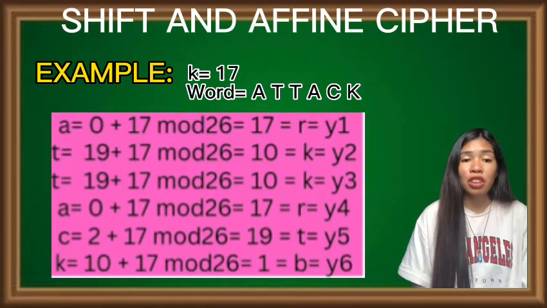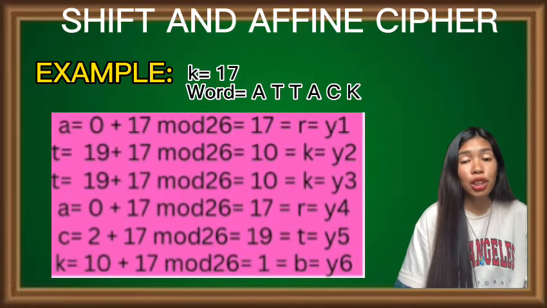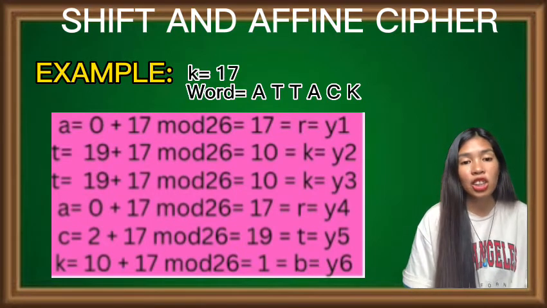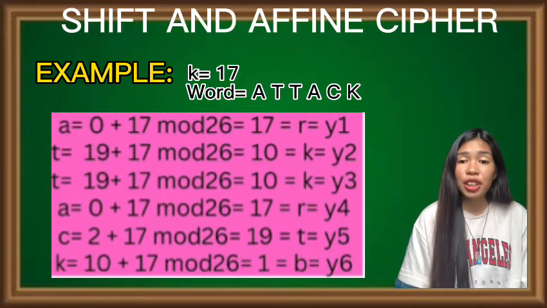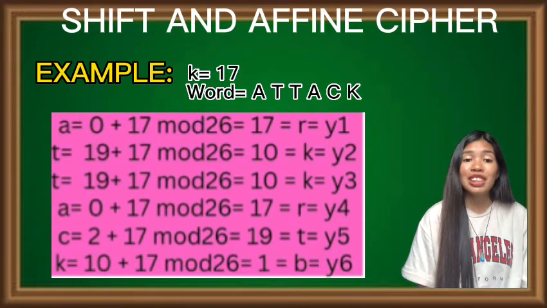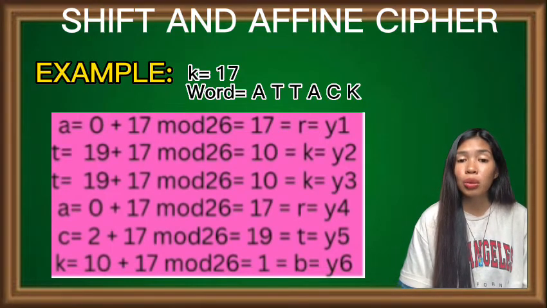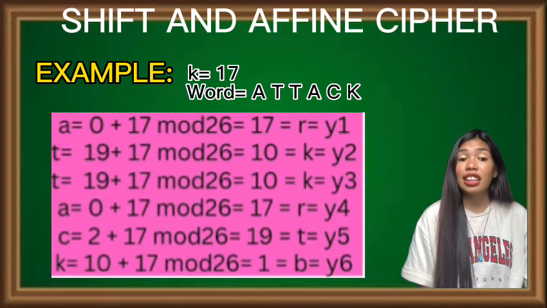Now let's perform encryption. The formula for encryption is x plus k mod m. The encryption of the first letter, x1, is x1 plus the key mod m. So this is 0 plus 17 mod 26. 17 mod 26 gives me the remainder of 17 itself.